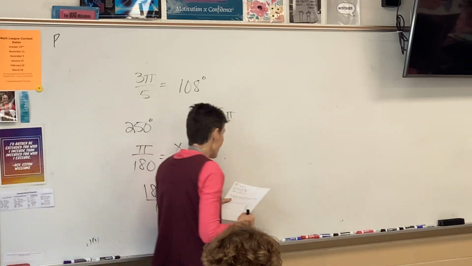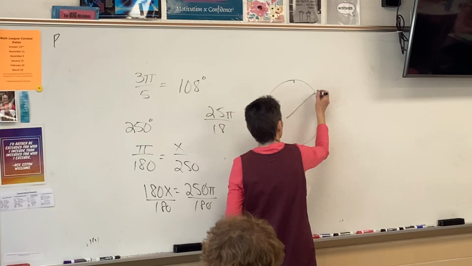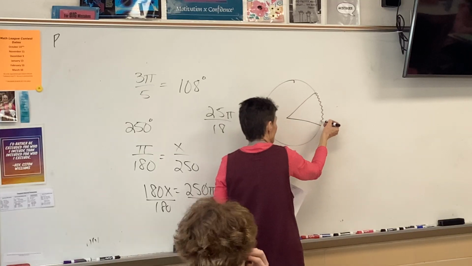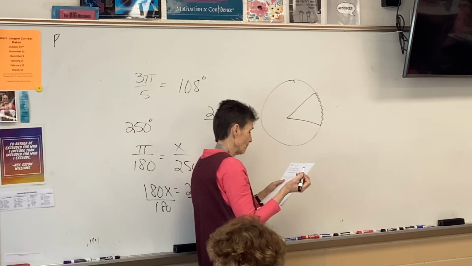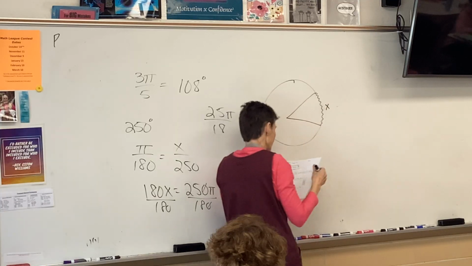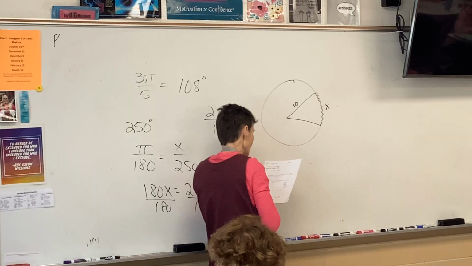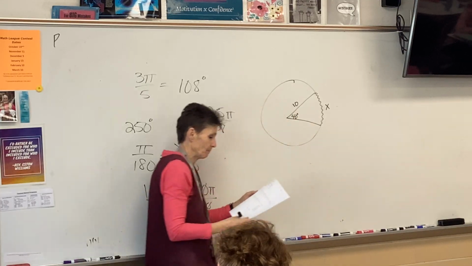All right, now we have an arc. So remember, this is an arc. Now what do we know? We need to find that arc. I don't know what that is. I know the radius is 10, and I know the angle is 40 degrees.